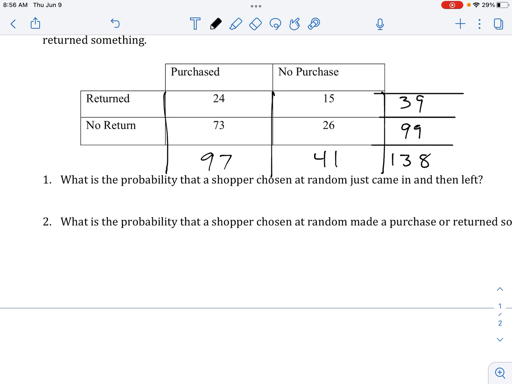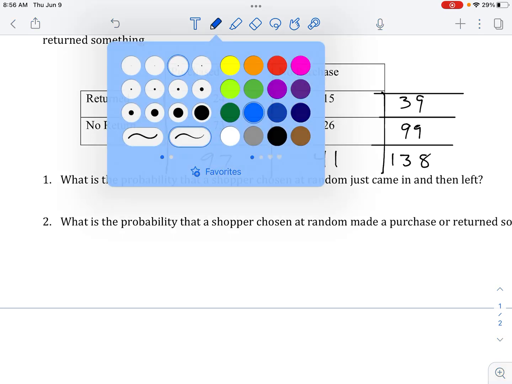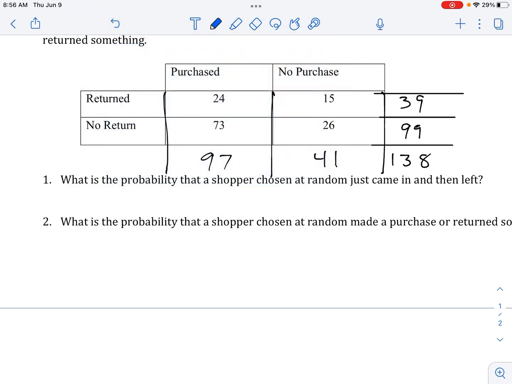Okay, so now I'm going to use that information to find some probabilities. So let's start with probability that a shopper chosen at random just came in and then left, meaning that they did not purchase anything. All right. So let's see. They made a purchase or no purchase, and so that's 41 out of the total 138.